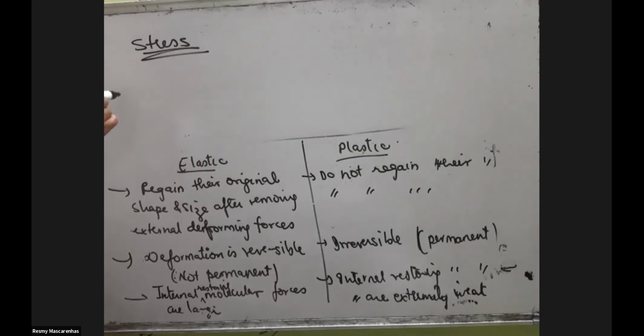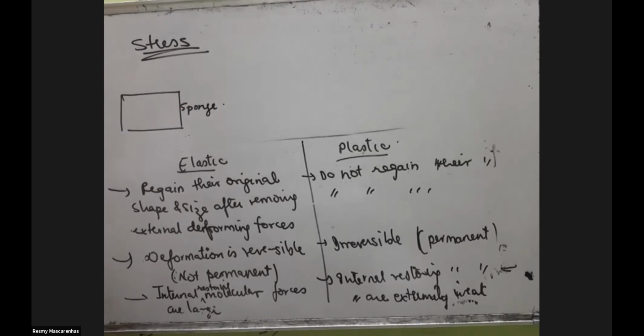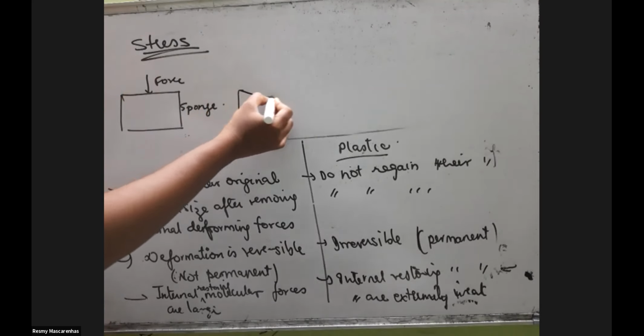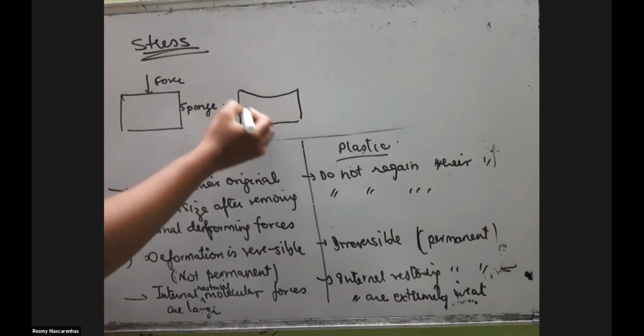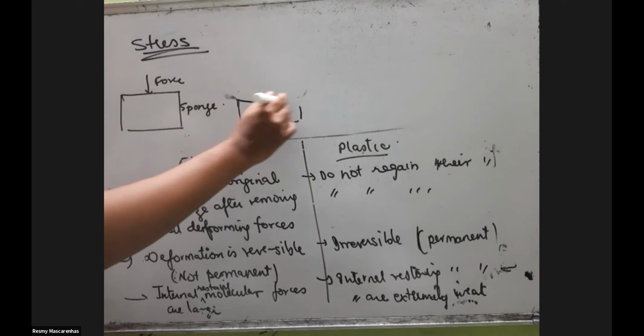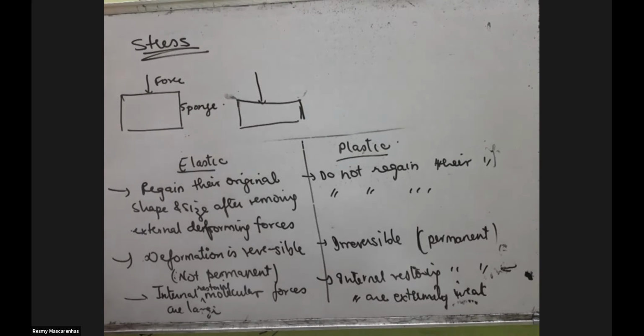We have already come across this example. Suppose you have a sponge and you try to apply some force. Now what will happen? There will be some deformation, and the sponge will get compressed.